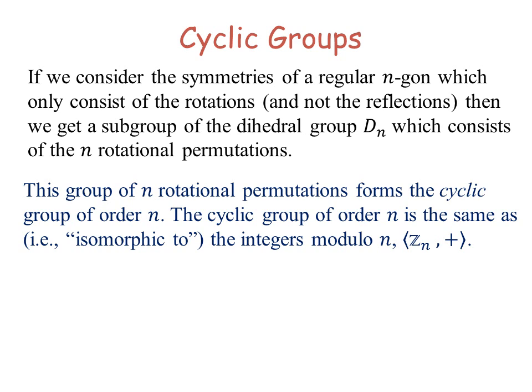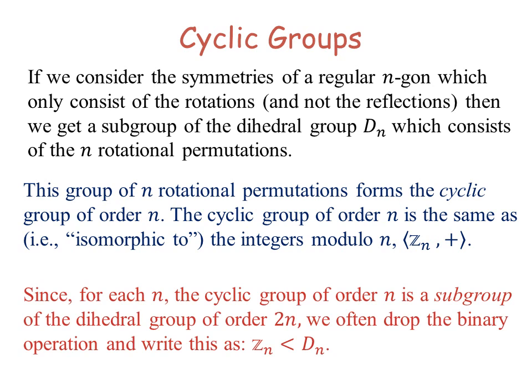The cyclic group of order n is the same, that is, it is isomorphic to, the integers modulo n. Since for each n, the cyclic group of order n is a subgroup of the dihedral group of order 2n, we often drop the binary operation and write this as Z sub n as a subgroup of D sub n.